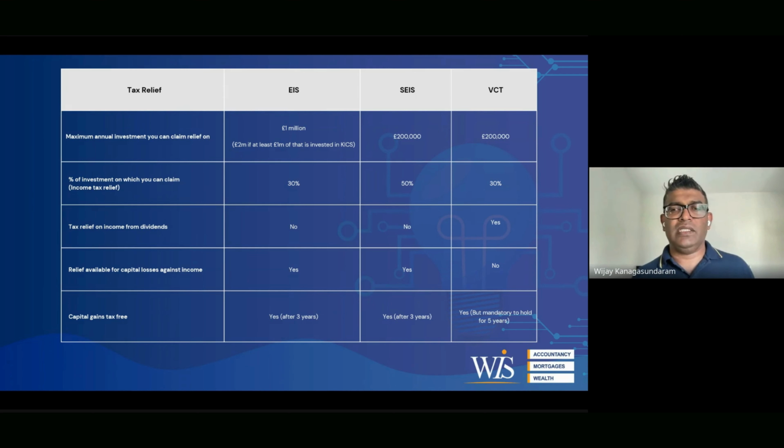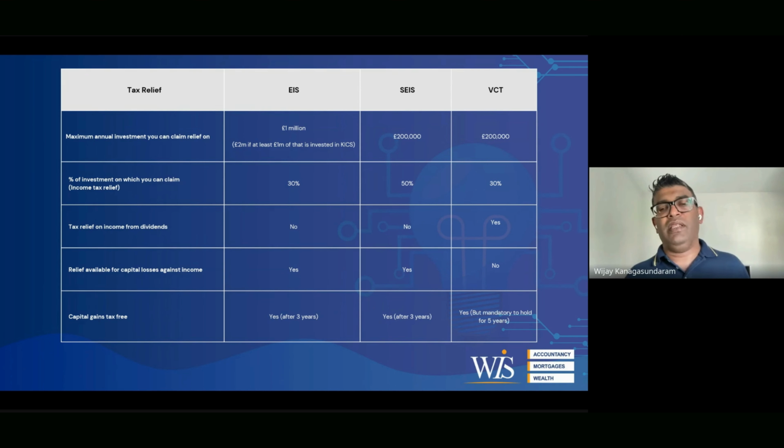VCT is similar to EIS and SEIS, but the main difference is that it is a venture capital trust fund. As I told you, EIS and SEIS might be in only one particular company, whereas a VCT might be a combination of 10 or 15 companies. So it's a fund. One company might go up, one company might go down, so you're basically reducing your risk by putting a portfolio together. The maximum allowance is 200,000, and the relief is 30%.